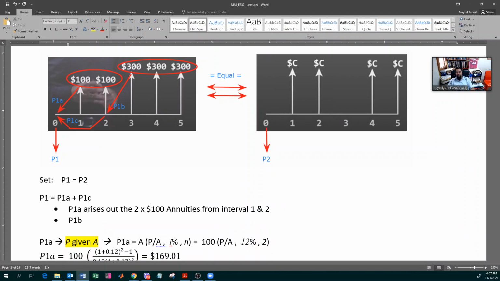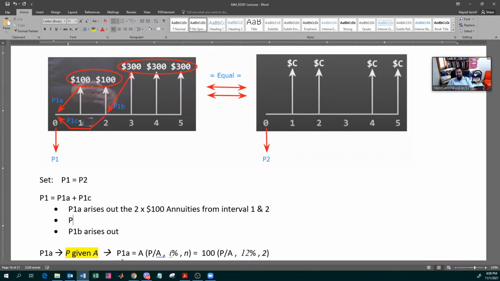Okay, and where does P1B arise out of? And over here, where is P1A based? P1A is based at interval 0. Why?